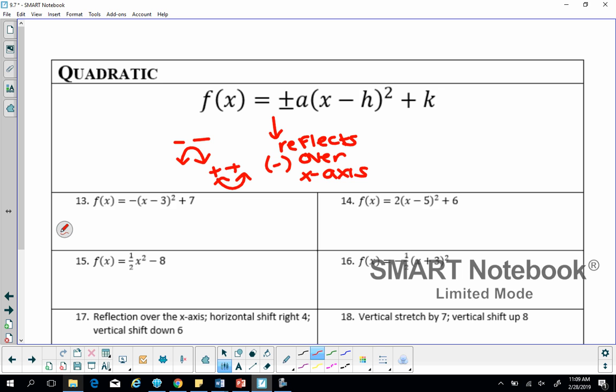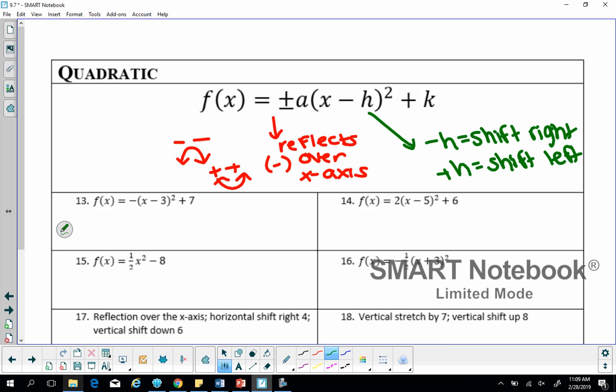If it's positive, it looks like a smiley. Minus h, it's the same thing. So if it's minus h, what shift is it to? Right. Good. Shift right. Minus h is right, plus h is left. I forgot about this a. It's the same thing as that stretch or compression.